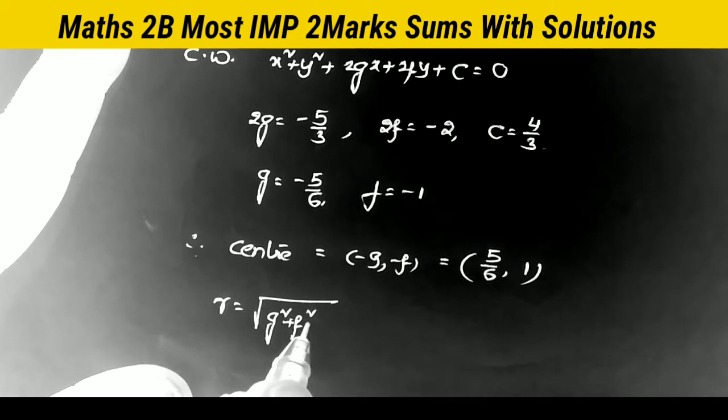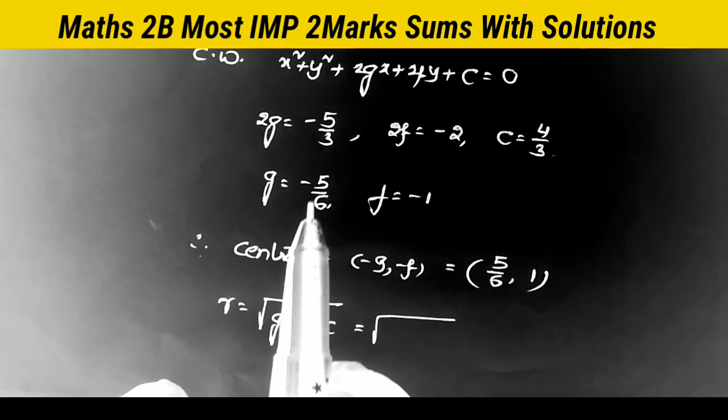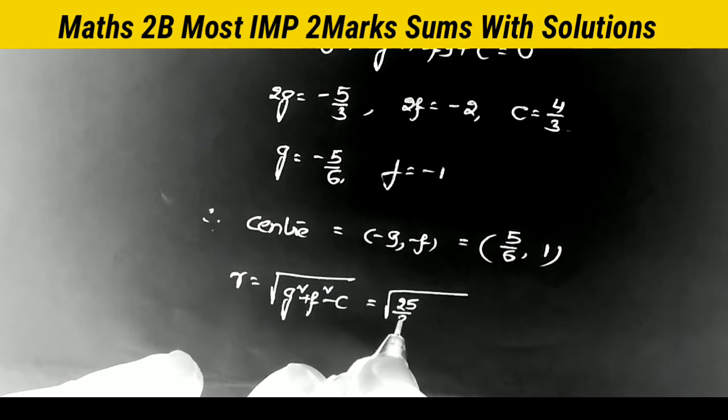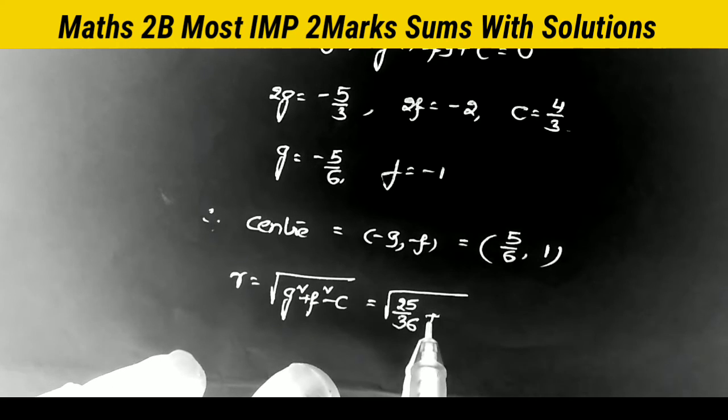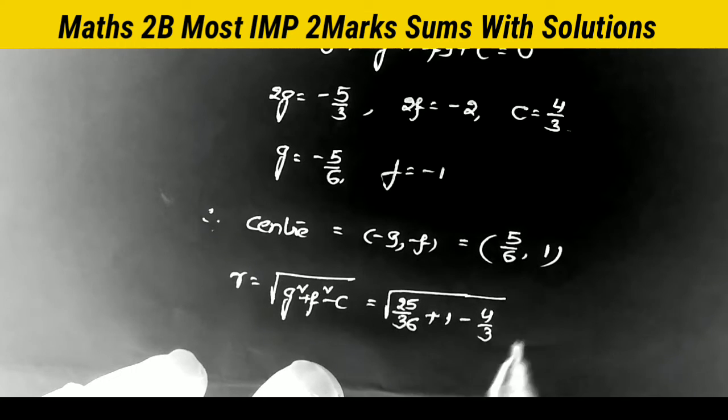Square root of g square plus f square minus c. That is equal to square root of g square, minus 5 by 6 whole square, that is 25 by 36, plus f square, minus 1 whole square, that is plus 1, minus c, minus 4 by 3.